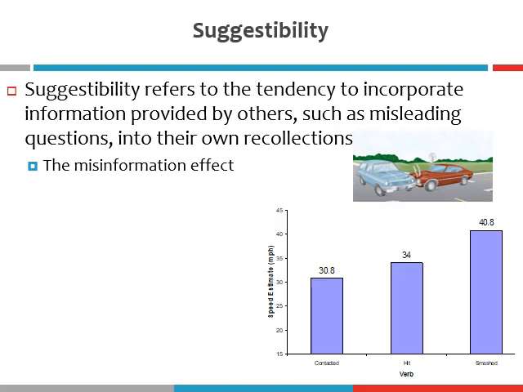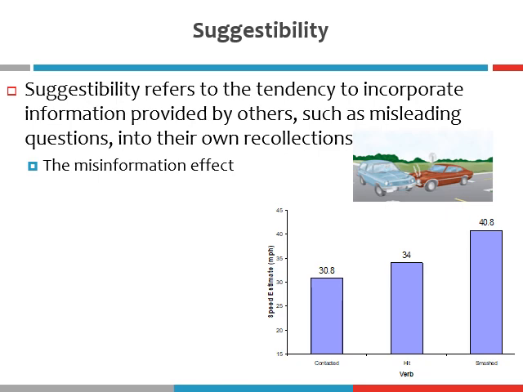So when people were asked to estimate how fast the blue car was going when it contacted the red car, their estimate of speed was around 31 miles per hour. But this jumped to 34 miles per hour when contacted was replaced with hit, right?